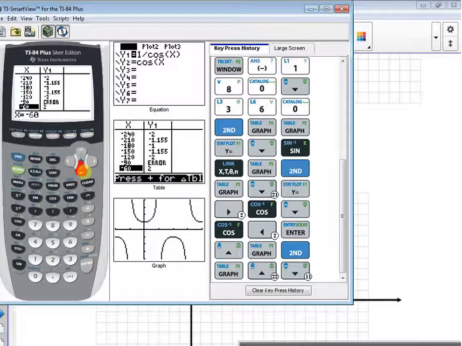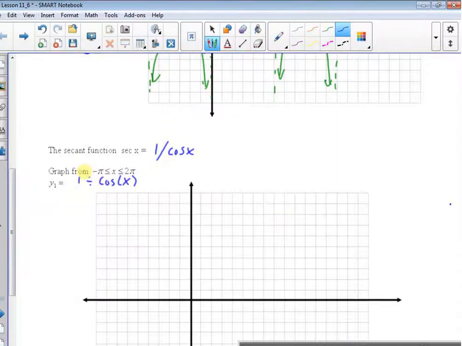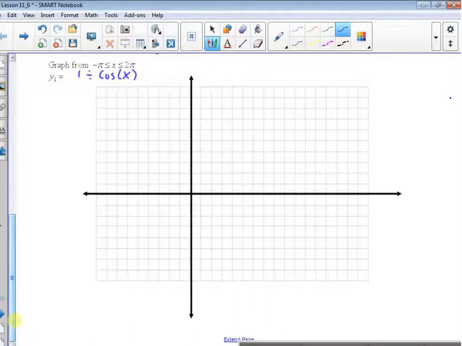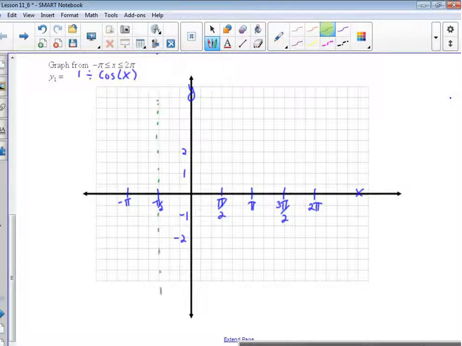There's an undefined at -90, so let's go and graph that. Okay, so again, I had some undefineds at -90, +90. This looks similar to what's going on with tangent.